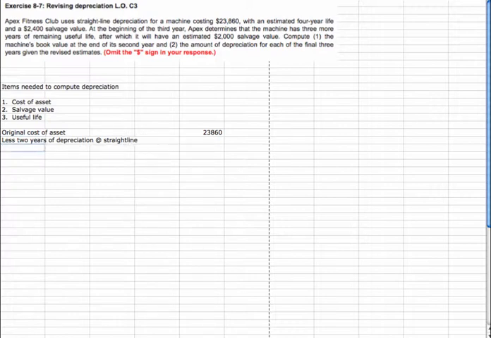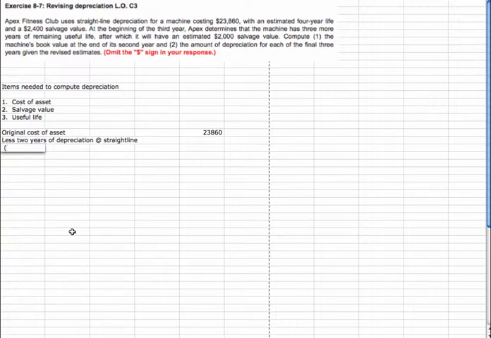How did we compute that depreciation? The formula was cost minus salvage value divided by the useful life to get the straight line depreciation. And we did it for 2 years.